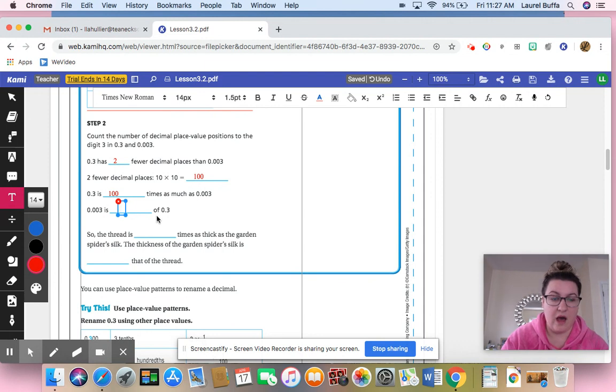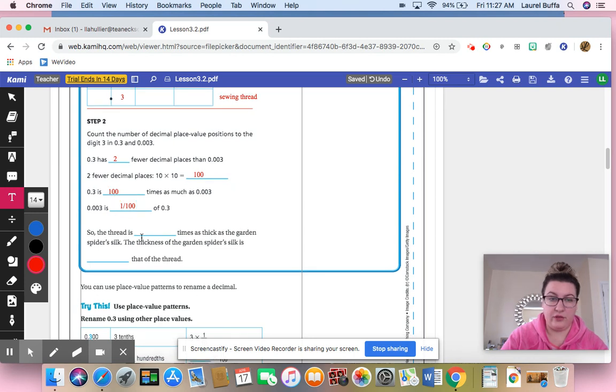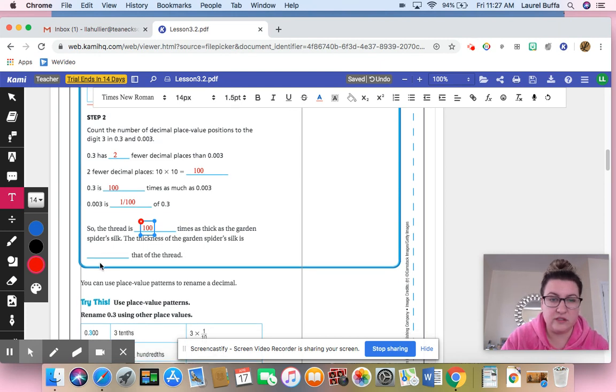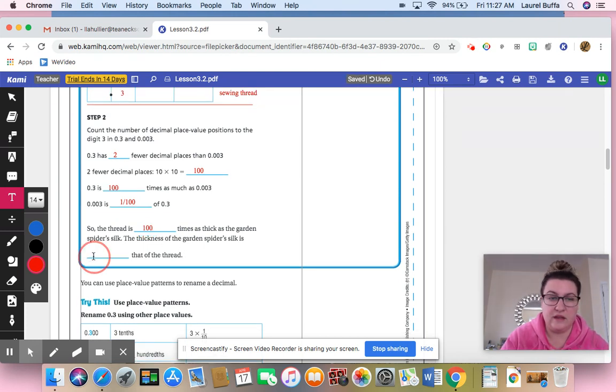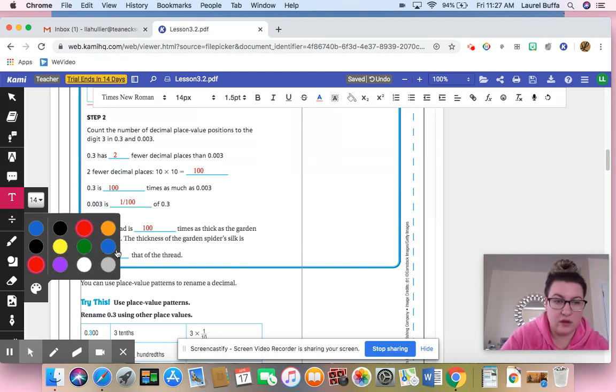So we're going the opposite way. So that would be 1/100. Therefore, the thread is 100 times as thick as the garden spider silk. The thickness of the garden spider silk is 1/100 that of the thread.